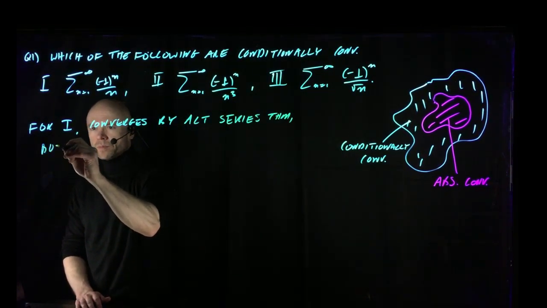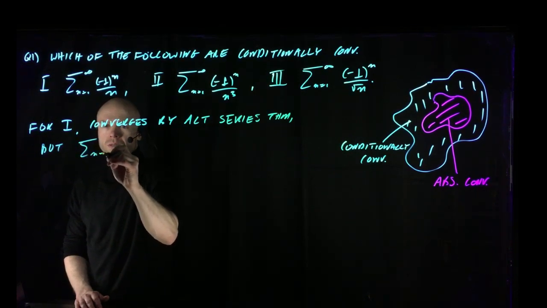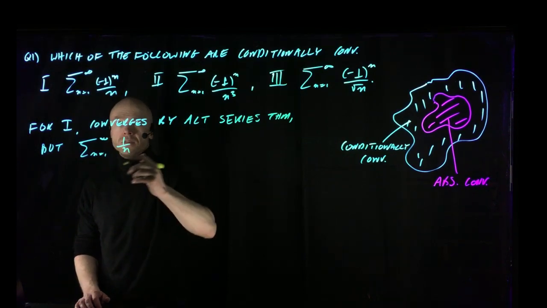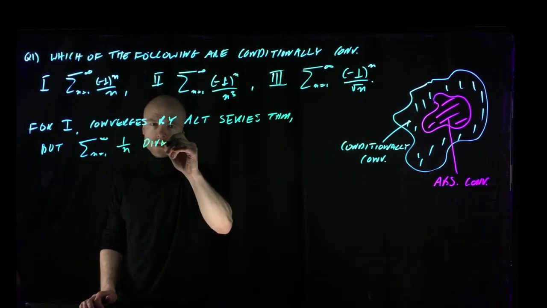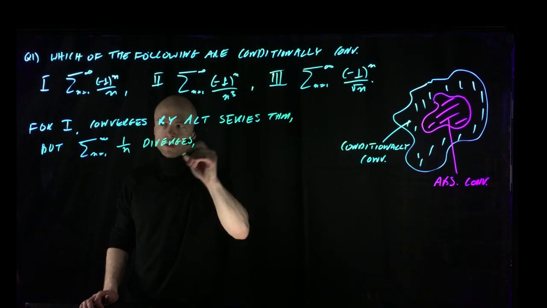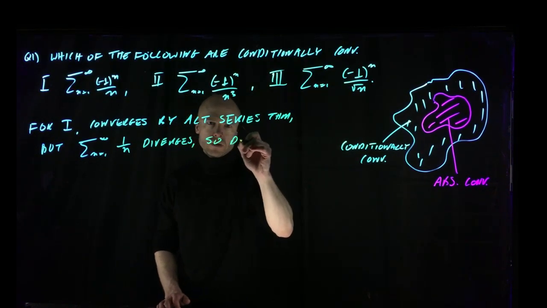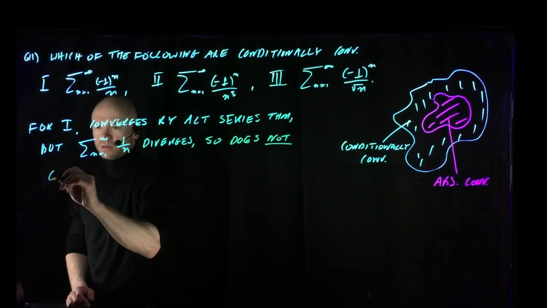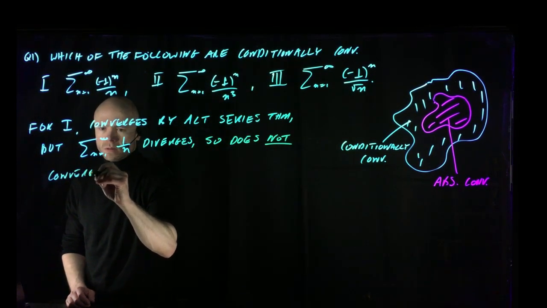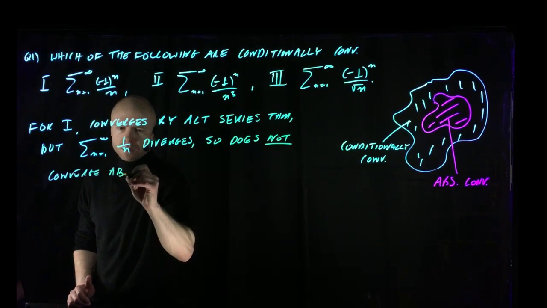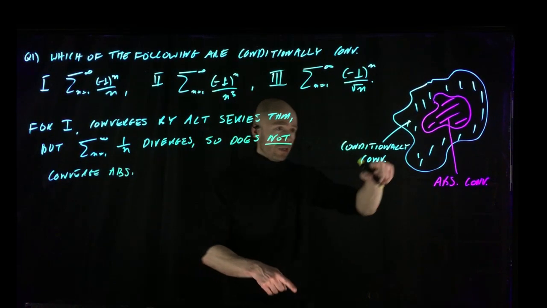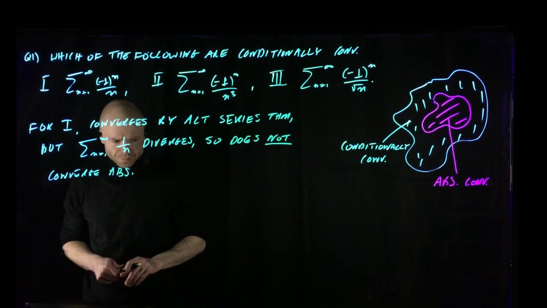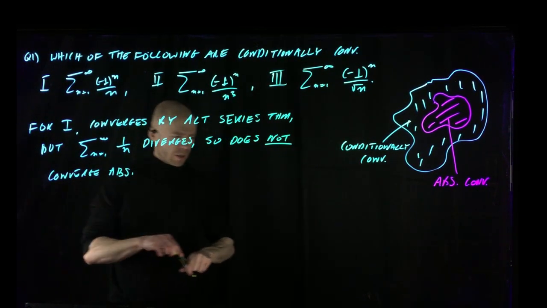But if we take the sum to infinity of 1 over n, which is the absolute value of these terms, it diverges. So sure enough, this thing does not converge absolutely. So this guy lives in this region. Cool. Let's do another example.